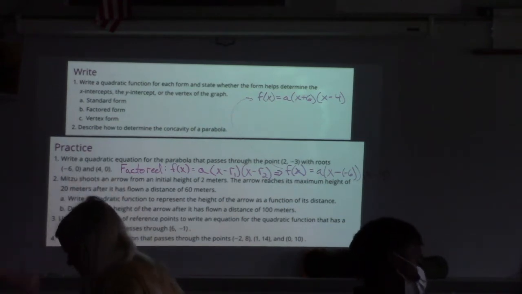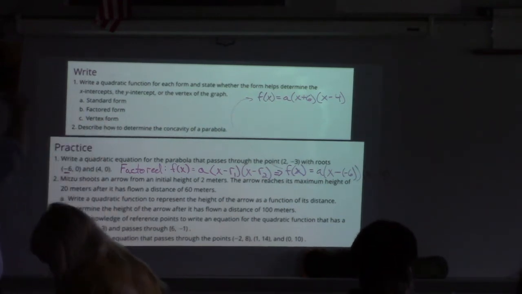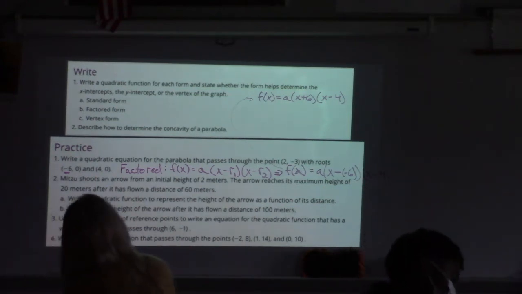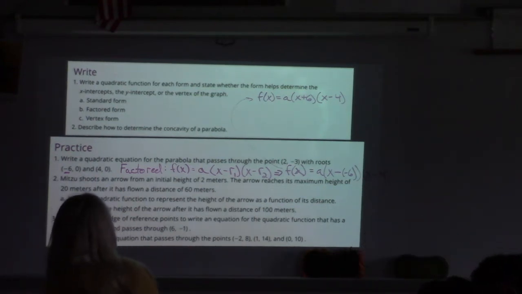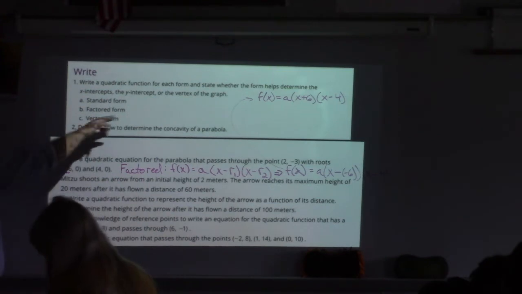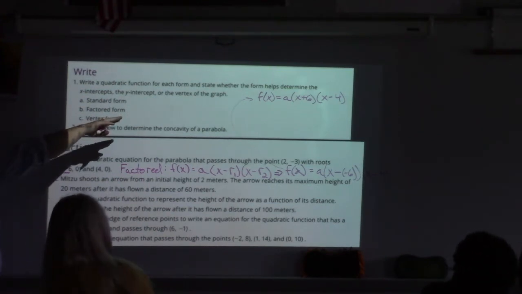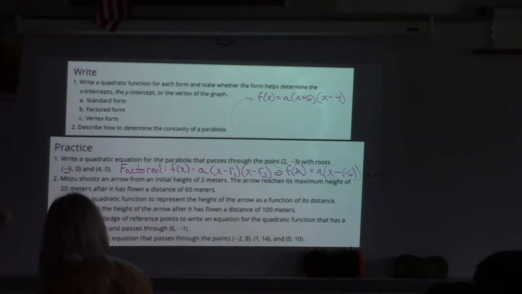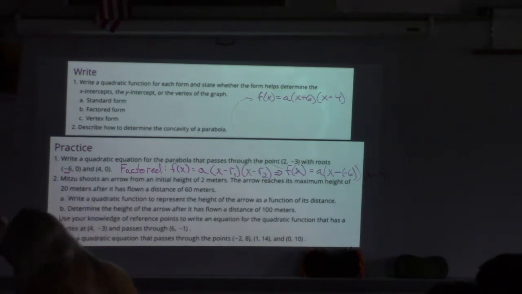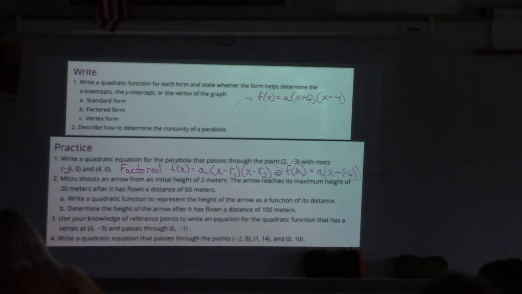Notice when it was a root of -6, we got x plus 6. Remember when it's that x minus, we always get the opposite of what is there. We need to be careful about that. I'm not going to work all the way through this, but how are we going to figure out a? What can we do?